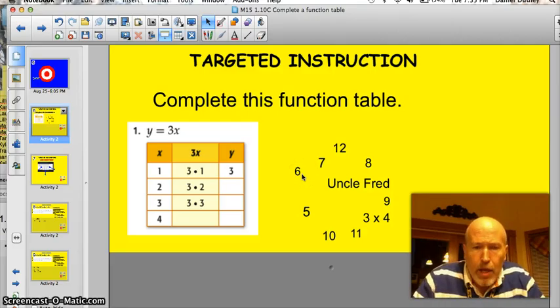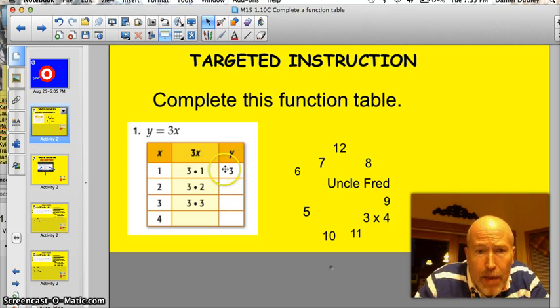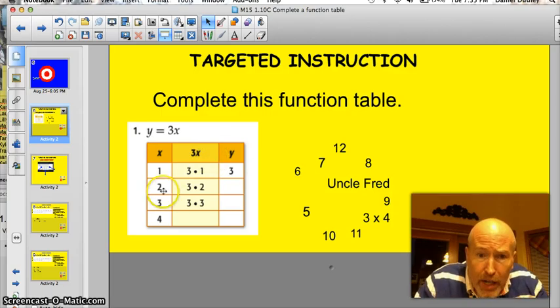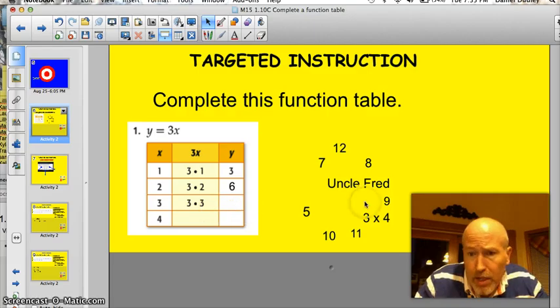Oh, we're back. This one is a pretty easy one because this time they actually gave you the rule. They're saying you take 3 times the x and that becomes the y. So we've got 2, and if I take 3 times that x value, or 3 times 2, I get 6. Same thing here. This one's a little weird. It's a 3 value and it's 3x, so 3 times 3 is going to be 9.